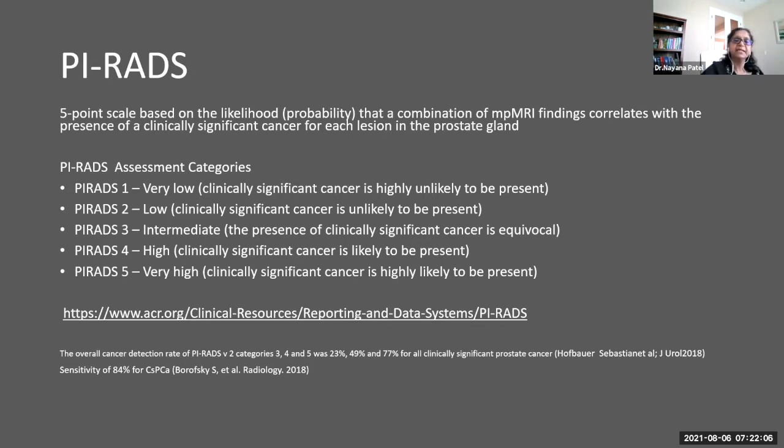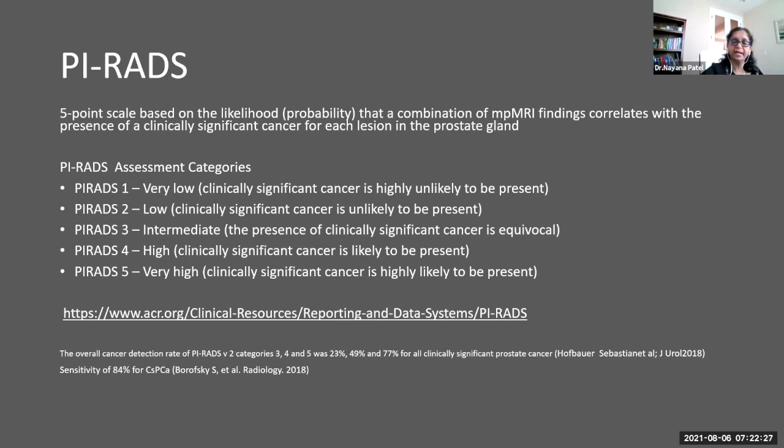The PI-RADS assessment categories range from PI-RADS 1, which is very low likelihood of clinically significant cancer, to PI-RADS 5, which is very high likelihood of clinically significant cancer.